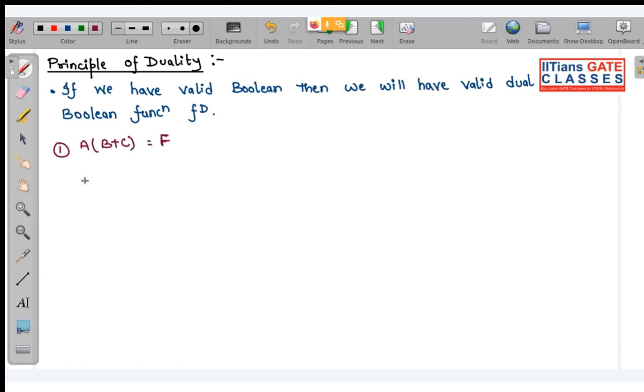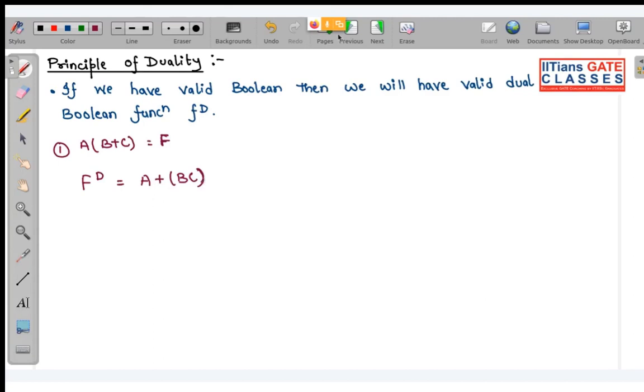If I take the dual of this, it will be A plus BC. This is a valid Boolean expression.